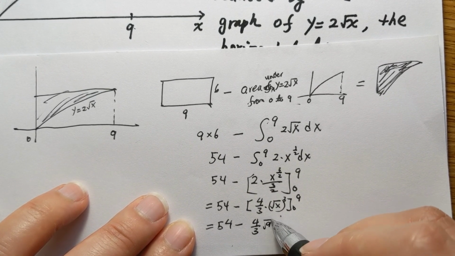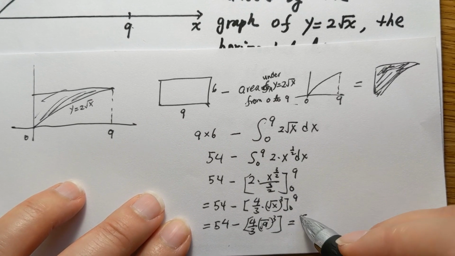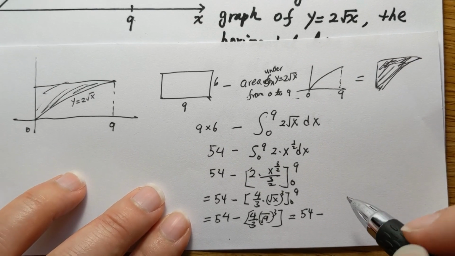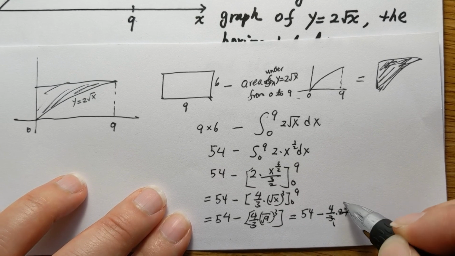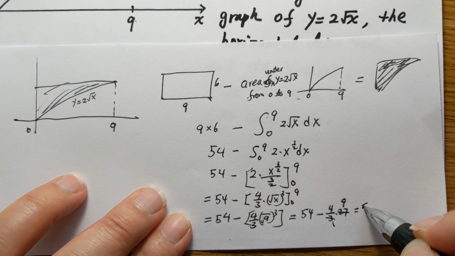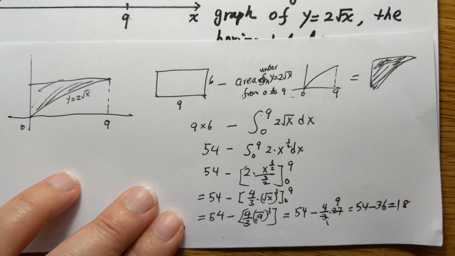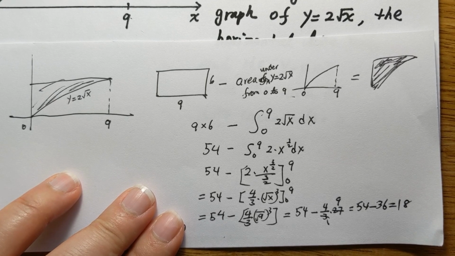You get 9 and 3, and you finally subtract 0. So you get 54 minus 4 over 3 times 27, the same as before. This is going to be 9, and then you get 54 minus 36 equals 18. So you find out that it's the same answer.